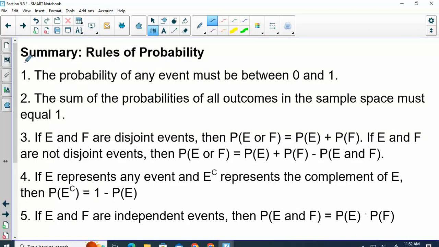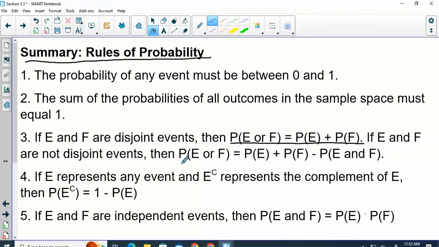But just kind of a recap of where we're at so far. We know that any probability always has to fall between 0 and 1. And when I add up all my probabilities, we have to get 1 every time. We know that if they are disjoint, so that means mutually exclusive, so no overlap, then to find the probability of one or the other, we just add them.